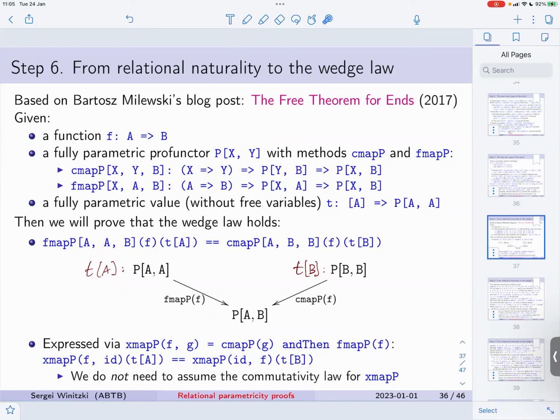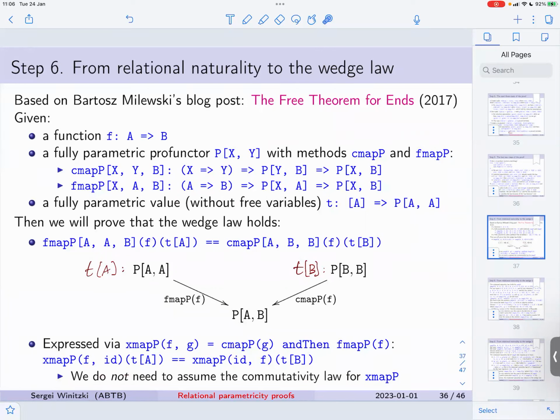Now, we have not yet proved that the commutativity law holds, and the commutativity law is actually a naturality law that we're trying to prove. So we cannot use that law right now at this stage, because we're still trying to prove that naturality law holds. And the commutativity law is just a naturality law written for these functions.